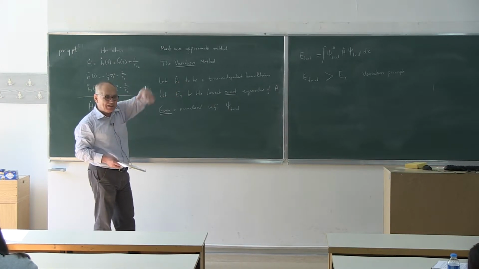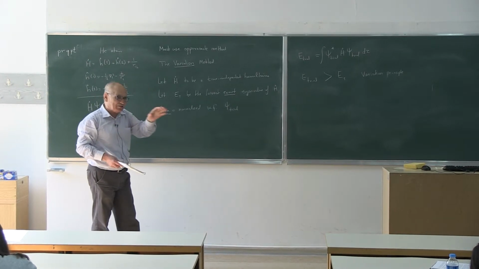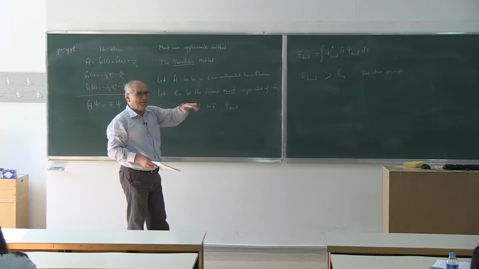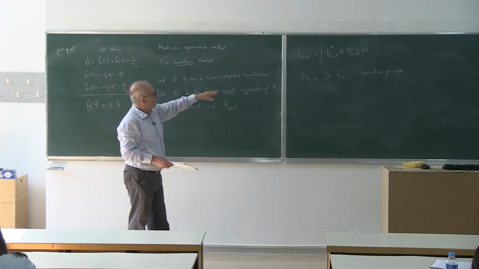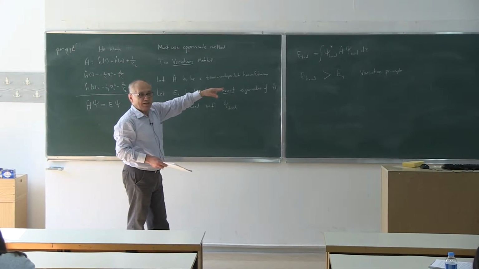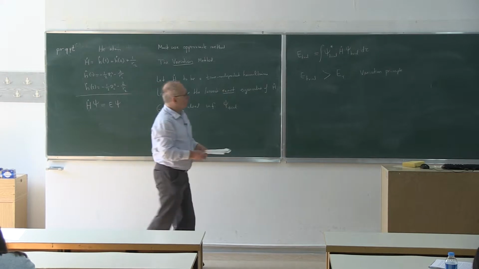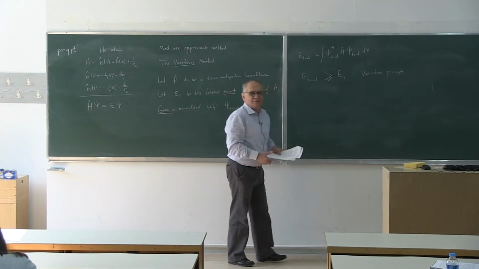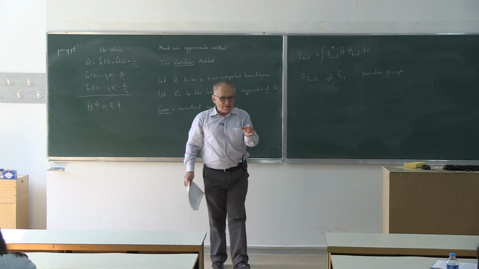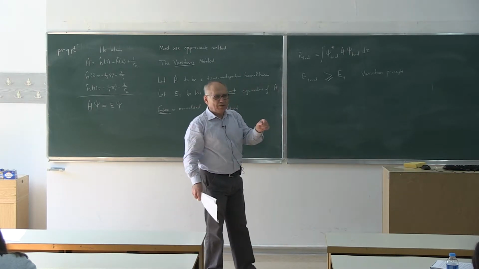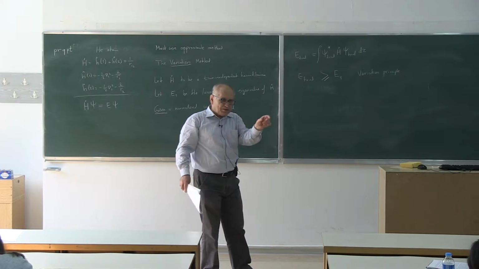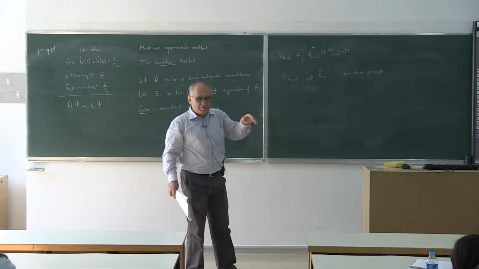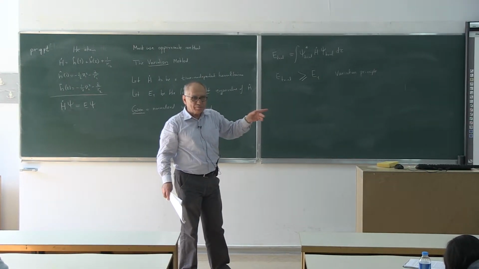There are infinitely many possibilities for psi trial. Only if somehow you guess the exact psi, then you are going to obtain E trial to be the same as E1. So this expression is written like this. There is a possibility for using the exact state function in that expression.